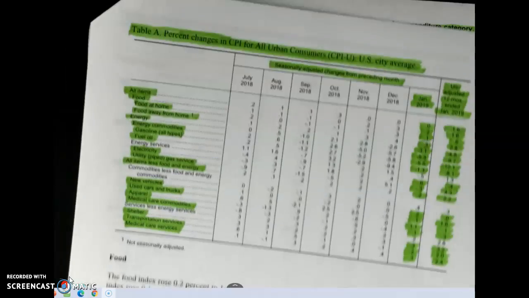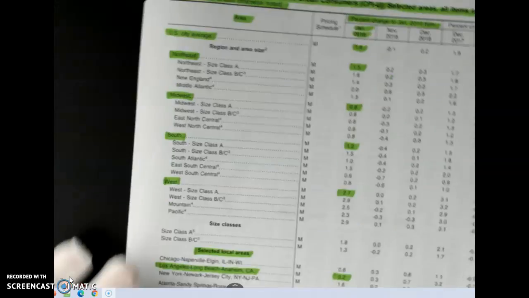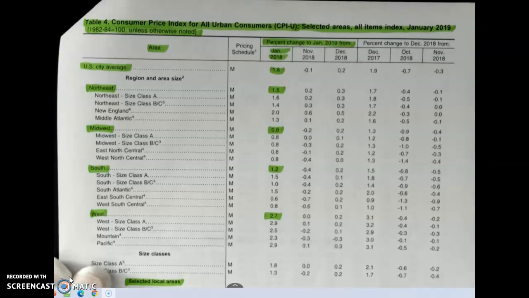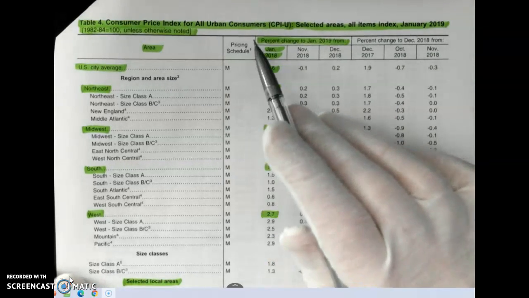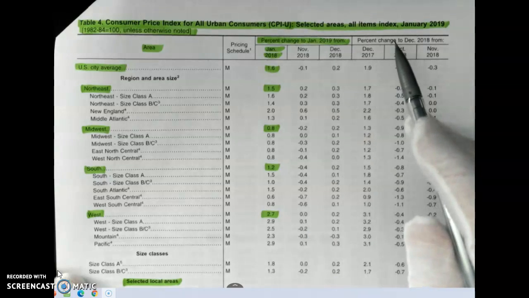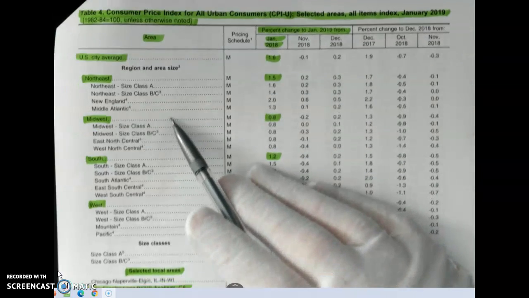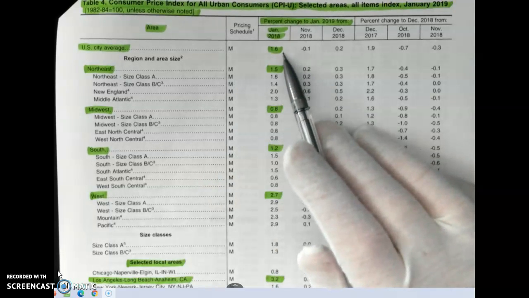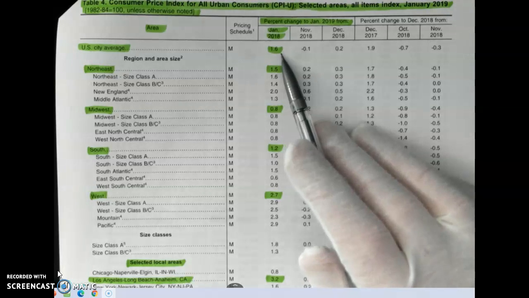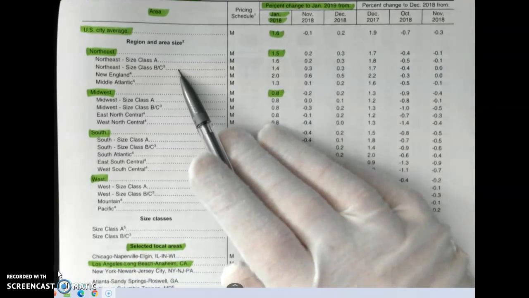Okay, now let's switch to the third table. This one is table 4, the third one we're looking at. This shows the consumer price index for select areas. So this breaks it down. U.S. overall was 1.6% in January 2018. But notice by region, it varies.